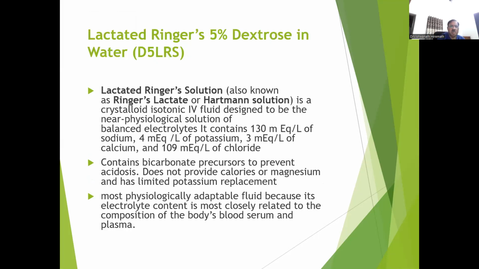Next isotonic fluid is lactated Ringer. Lactated Ringer solution, also known as Ringer's lactate or Hartmann solution, is a crystalloid isotonic IV fluid designed to be the near physiological solution containing the electrolytes sodium 130 milligrams per liter, chloride 109 milligrams per liter, potassium 4 milligrams per liter, and calcium 3 milligrams per liter.